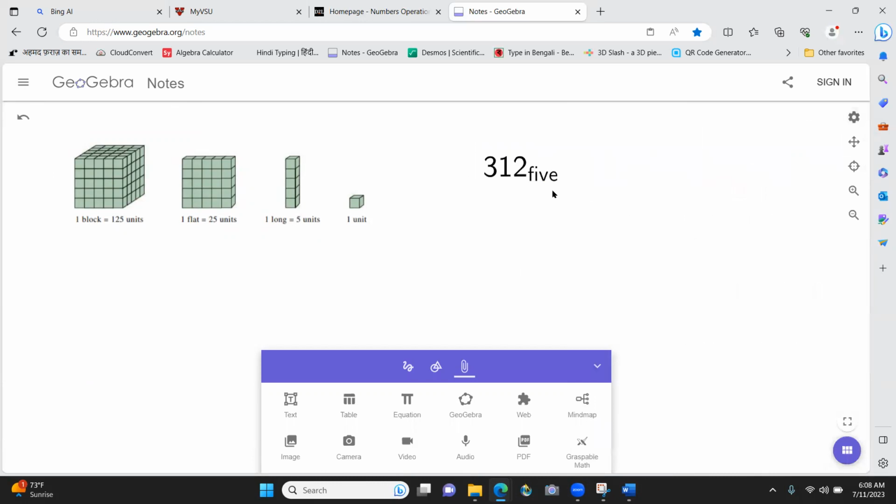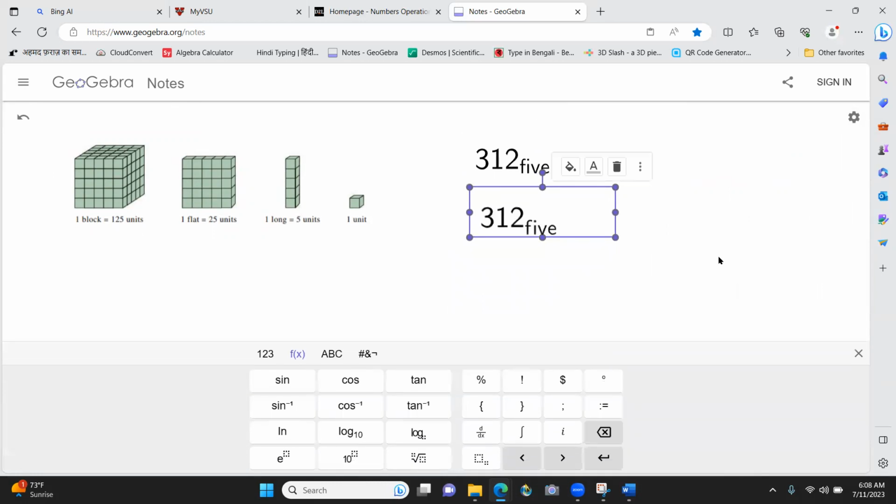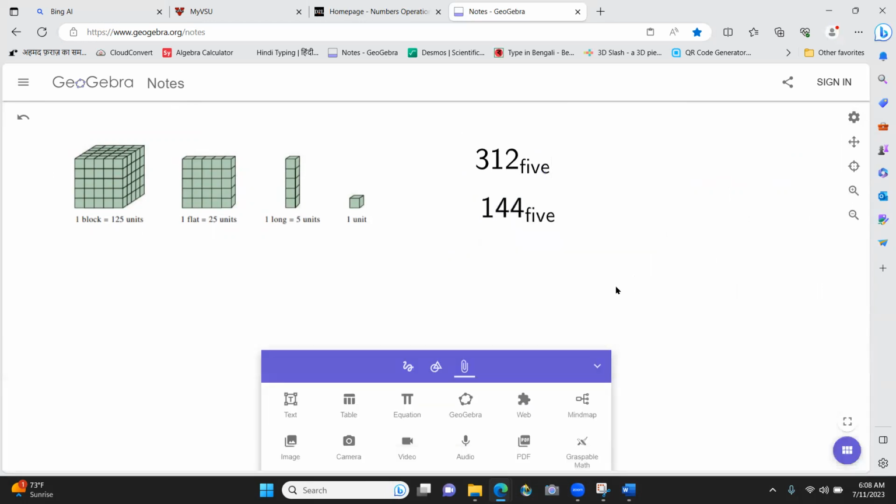Not bad. This is in base 5. Let's subtract. You can always convert everything into base 10, subtract, and get the answer back in base 5. You'll be fine. But that's not the point.